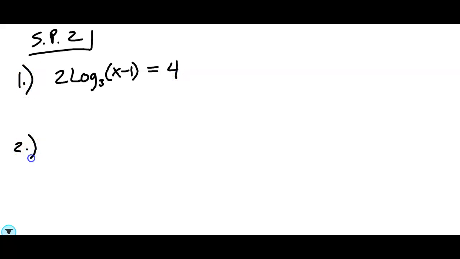And then number 2, how about ln of 2x minus 1 equals 3. All right, let's see if you guys can get those. Now, if I'm not mistaken, I think I set number 1 up so that you could actually get a pretty nice looking answer. You can leave it weird looking if you want, but you could actually get that one to come out to a nice normal number. But number 2, it's going to look weird like the one I had because it's got an e in there. So go.